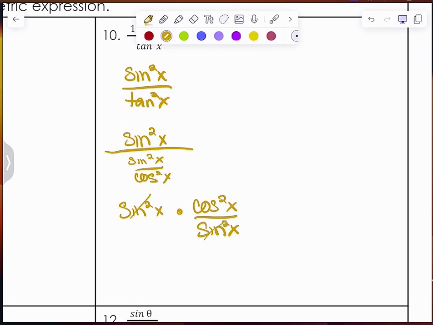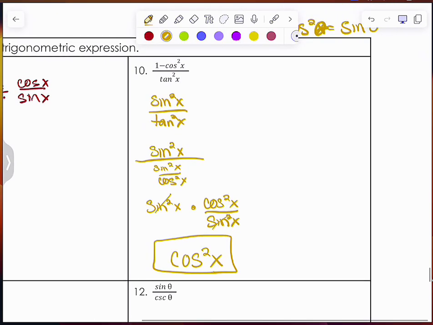The sine squareds cancel, and I'm left with just cosine squared x. Again, not the only technique. You might have changed it to be sine squared times cotangent, and that would have skipped you down to this step. How are we feeling?